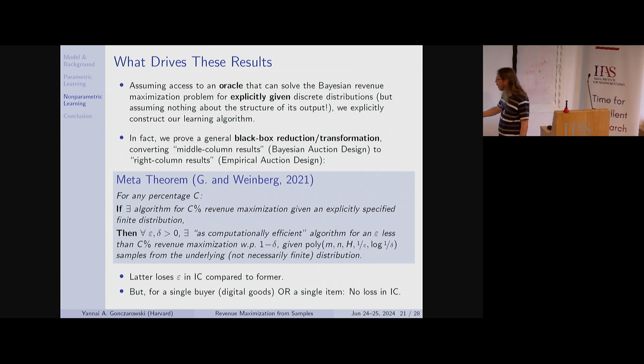So if you know computationally efficiently, in some multi-item setting, how to get 1/6 of the revenue, we give you an algorithm for samples that, using polynomially many samples, gets you the same minus an epsilon. If in a single item case you know how to do this efficiently with 100%, we give you 100% minus epsilon from samples.